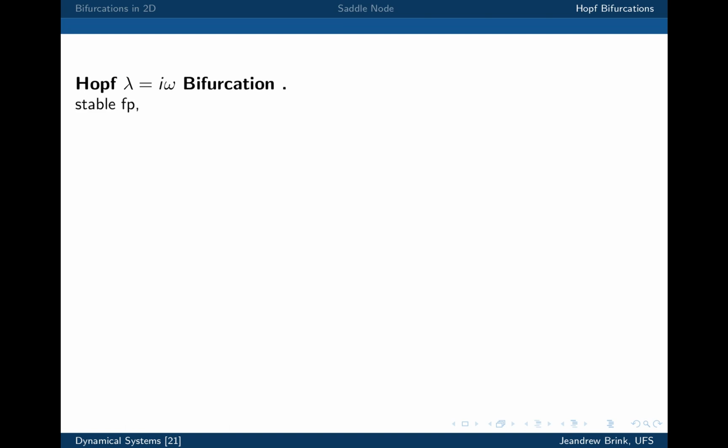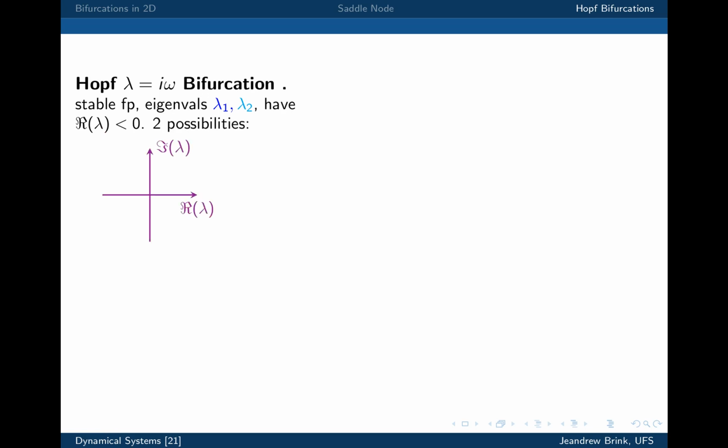And so just to write that down, basically we have, suppose we start with a stable fixed point with two eigenvalues, lambda 1 and lambda 2, and we have that both their real values are less than 0. Okay, so that's true for any stable fixed point. And then you have two possibilities. Okay, the one is you can have basically a node.